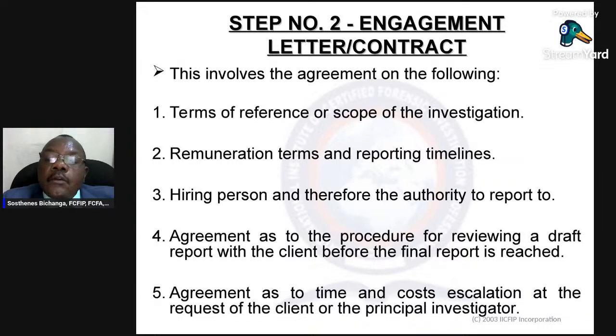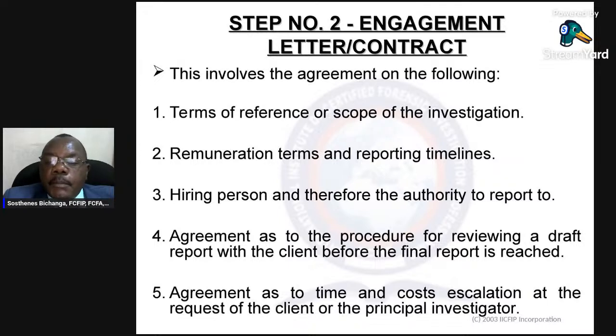This is why the knowledge of the scope and the complexity of the investigation assignment helps, because without knowing whether you'll be traveling widely or outside the country, you cannot come up with a proper estimate of the compensation.